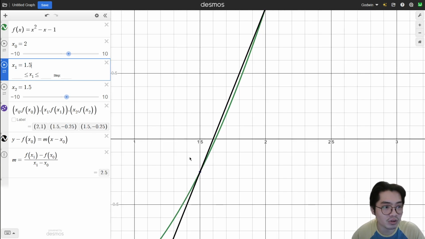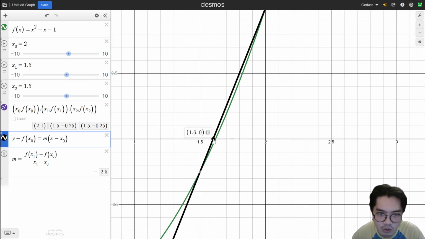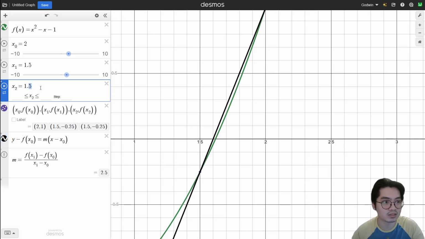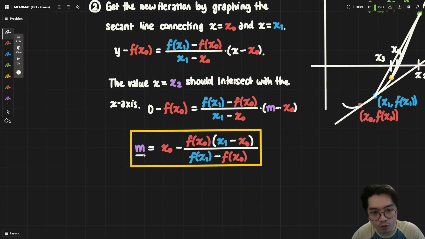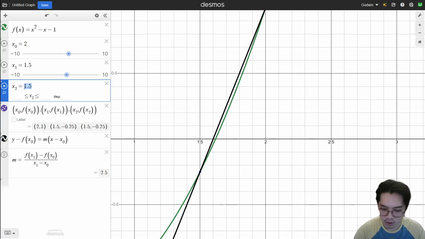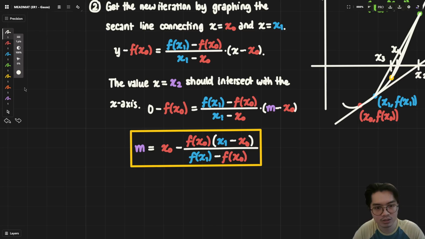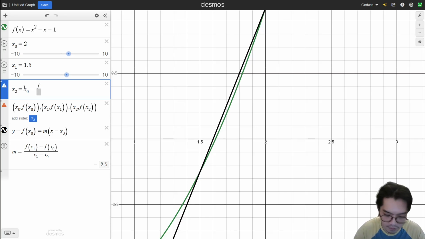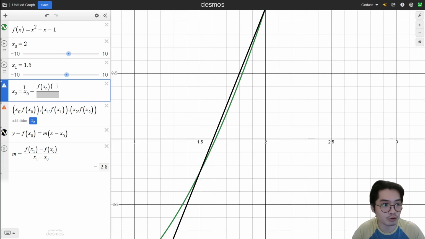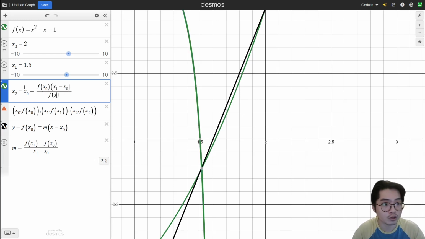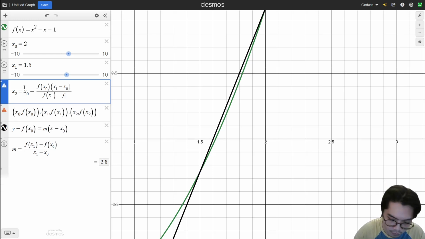Now notice what you will create. In this case, the thing that you will create next is 1.6. Actually, we can just iterate on this by using this: your new value is your old value minus your f of old value times x1 minus x0, so your new value minus your old value, all over your f of new value minus f of old value.